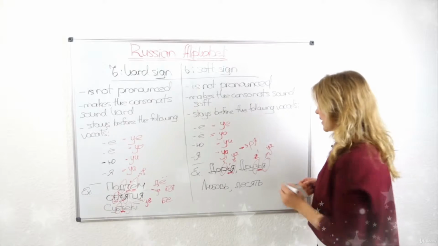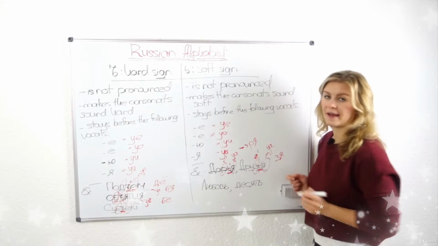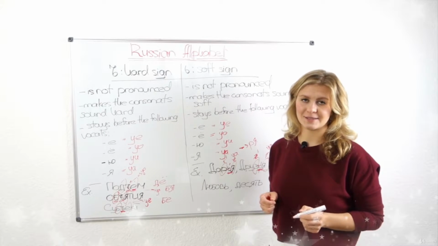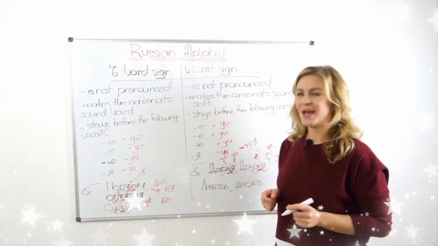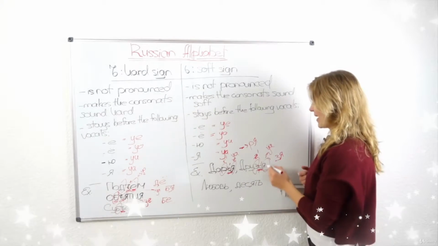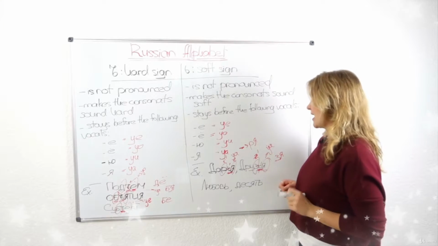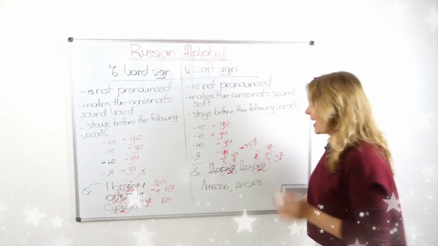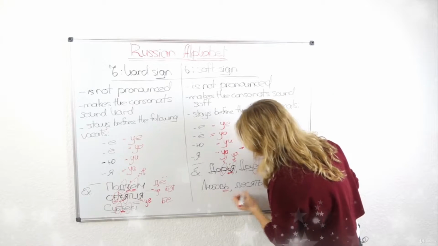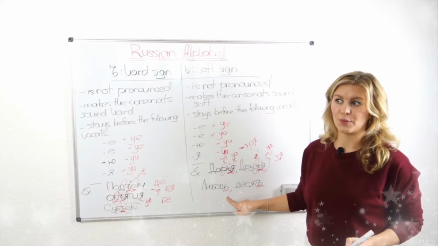Otherwise, if this wasn't here, we would have друзья with a hard z. Only small kids say this. But we're adults, we need to speak correctly, so we have the soft sign to make a small pause between these letters, and we say друзья. And another example, when the soft sign is at the end of the word, sorry.